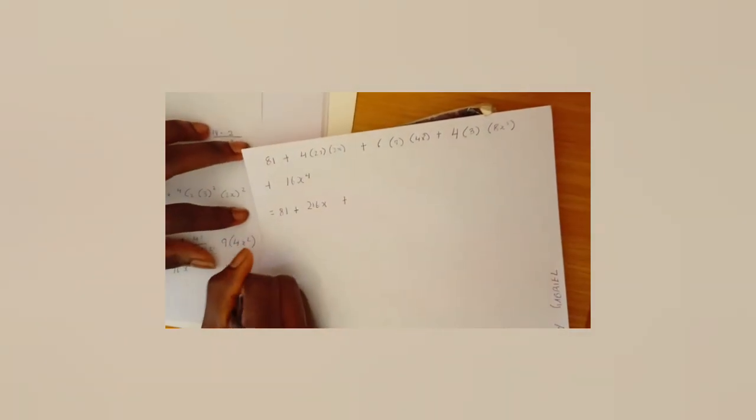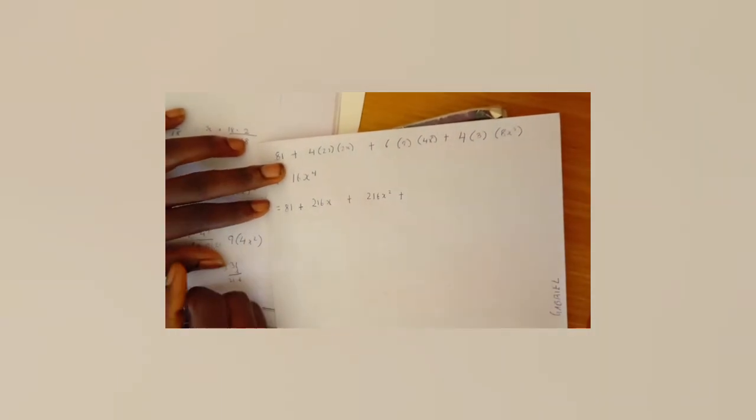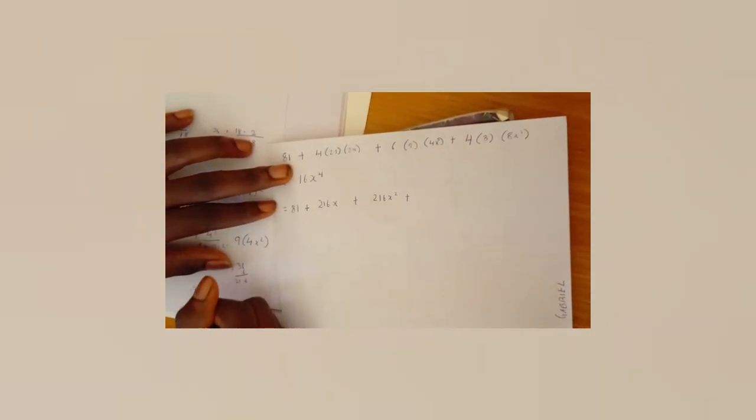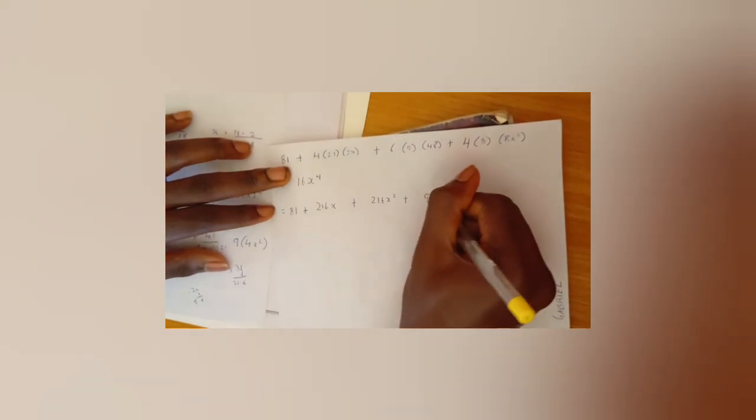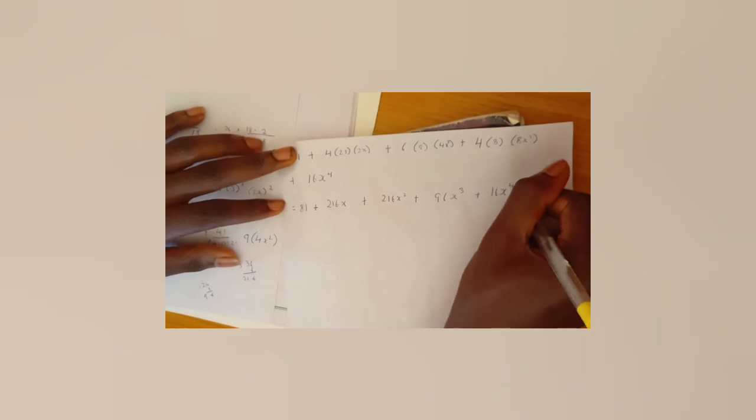We have 54 multiplying 4, that is 216. 216x, please let's not ignore that x, plus 9 times 4 is 36, 36 multiplying 6, we are going to have 216x squared plus 24, 24 multiplying 4, 96, 96x cubed plus 16x to the power of 4. So this is practically the simplification now.